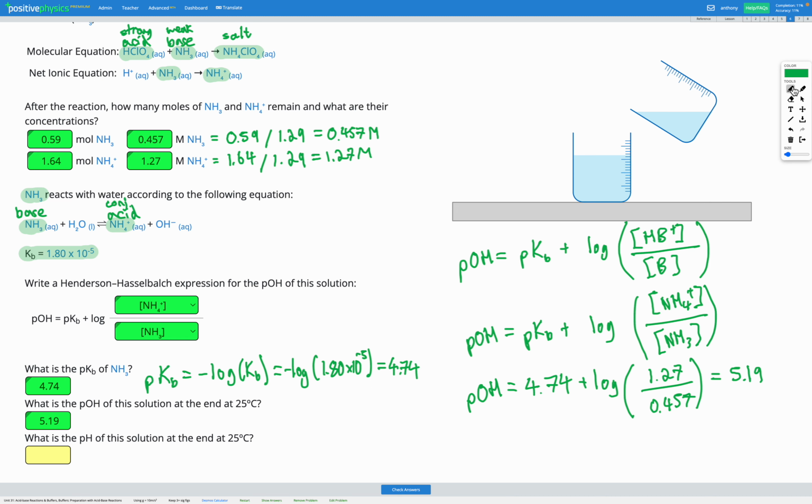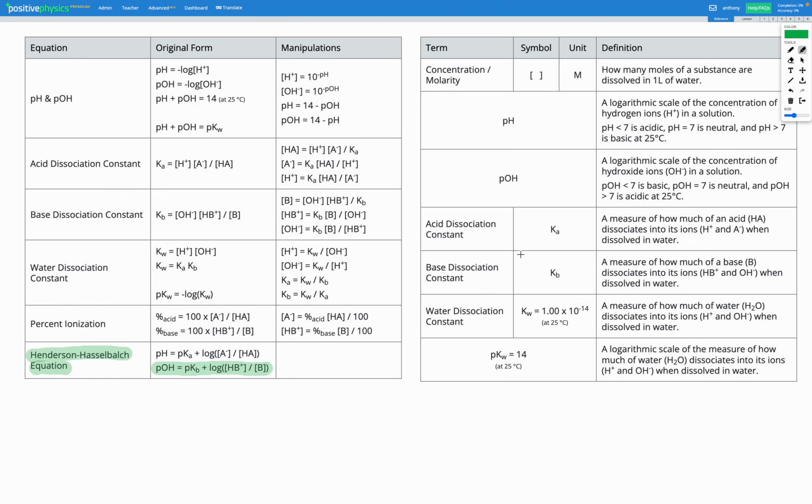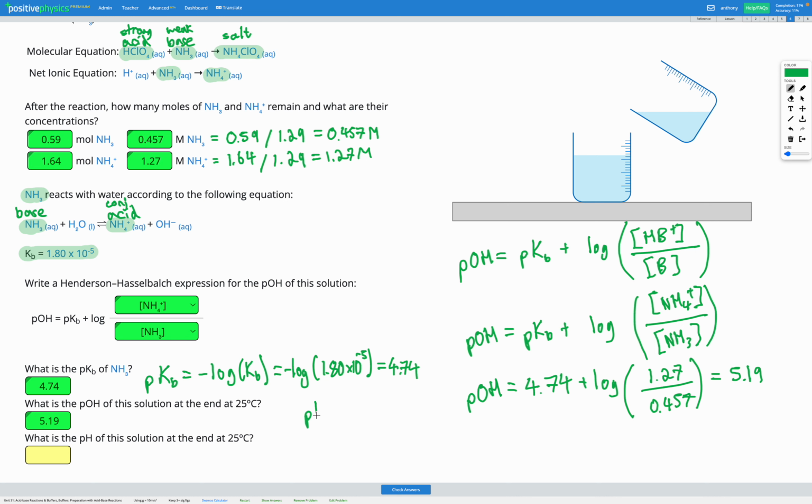Our final step now is to find our pH. We already know our pOH, so we can use our expression here that converts between pH and pOH at a temperature of 25 degrees C. We've got pH plus pOH equals 14 at 25 degrees C. Since we're trying to find pH, I'm going to subtract pOH from both sides, so that will cancel out on the left, leaving us with pH is equal to 14 minus pOH.